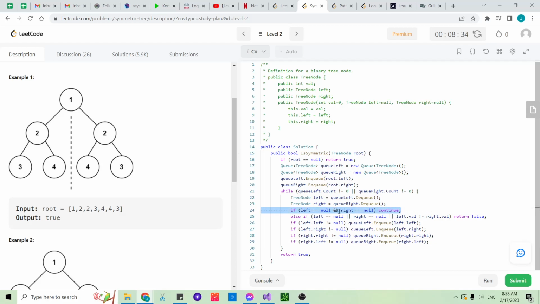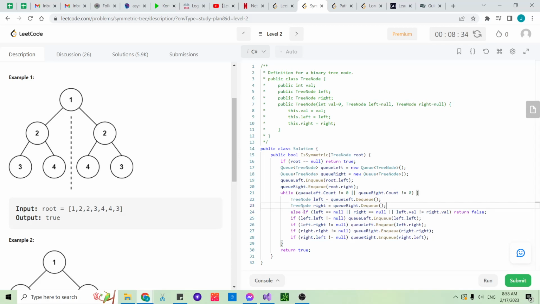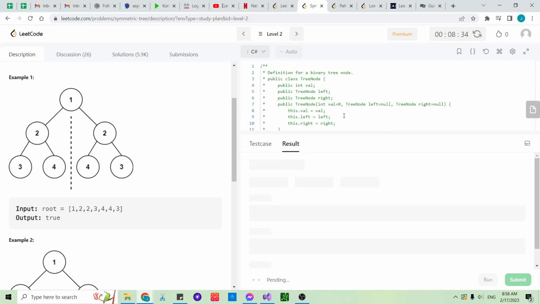So we no longer have this case. We will still have, okay, we do not have left is null or right is null either. Just if left value is not the same as right value. Okay, let's see.